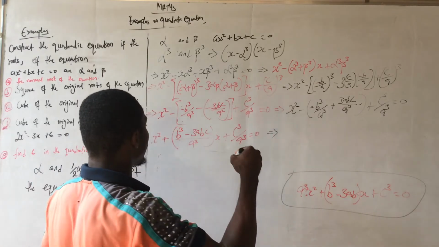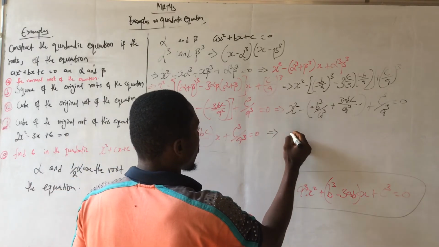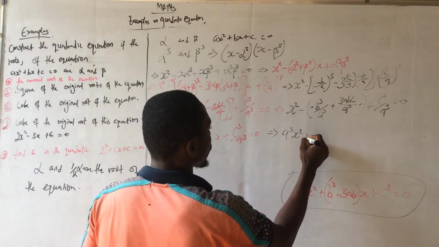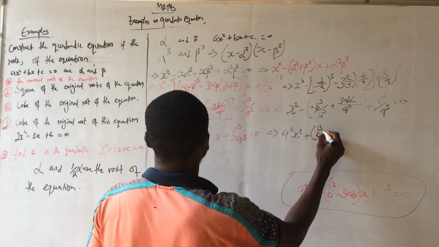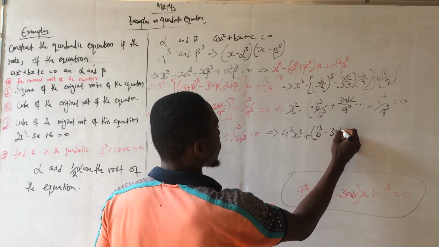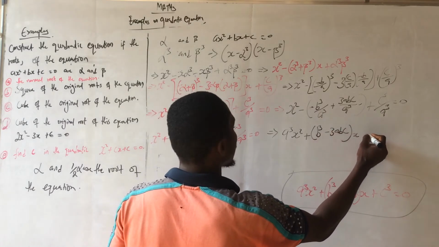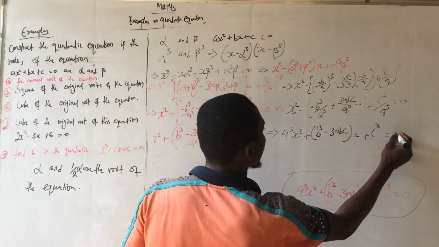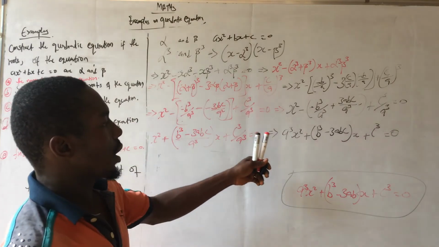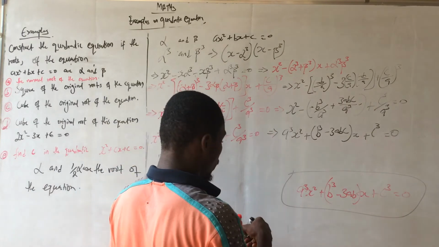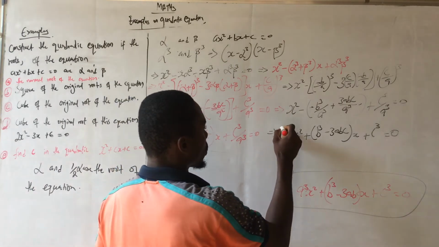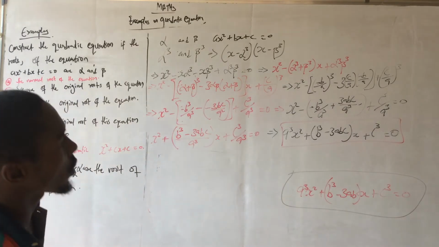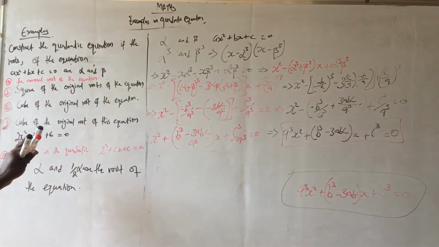We are going to have a raised to the power 3 x raised to the power 2 plus bracket open b raised to the power 3 minus 3abc, x, then plus c raised to the power 3, equal to 0. So now we see that the two quadratic equations we have are the same. So that is that for the C.